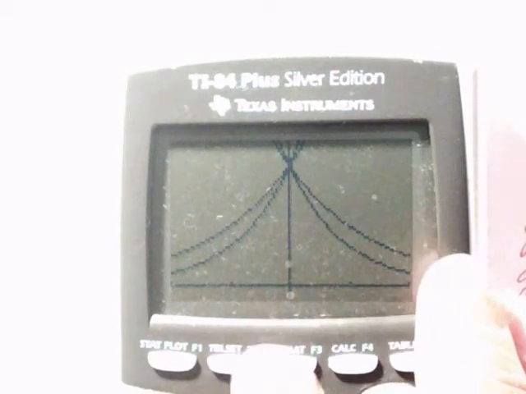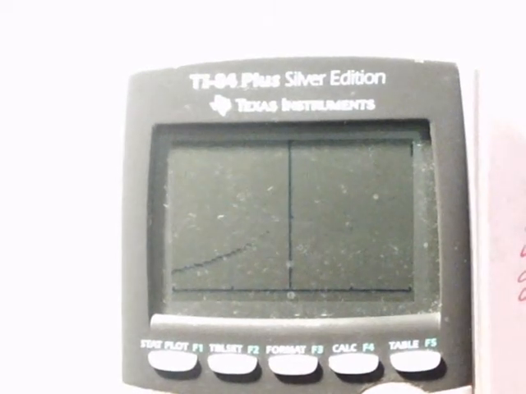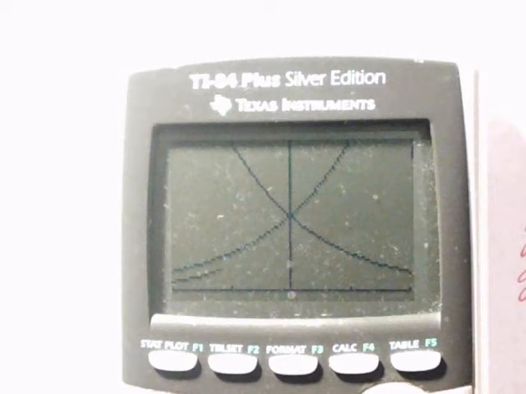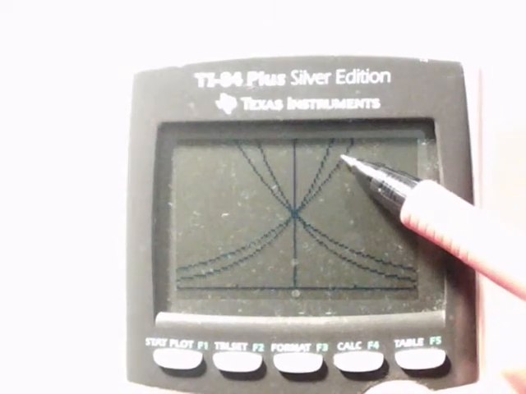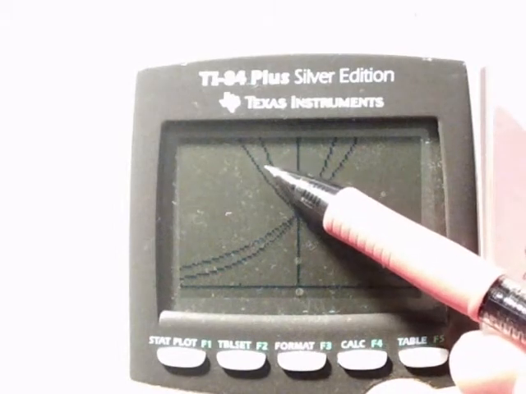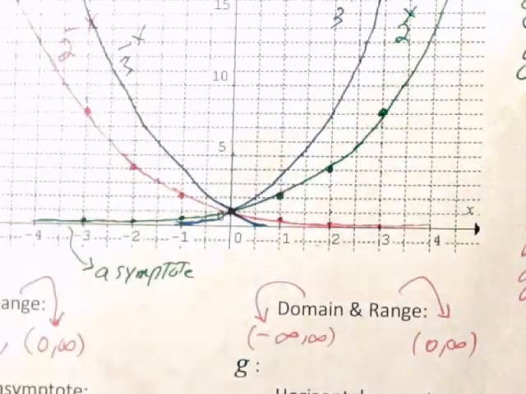And let me just change my y value a little bit. This is 2 to the power x, this is 2 to the power negative x, this is 3 to the power x, and this is 3 to the power negative x. You see, 3 to the x is above 2 to the x on the right side and below on the left, and 3 to the negative x is above on the left and below on the right. Okay, kind of interesting.